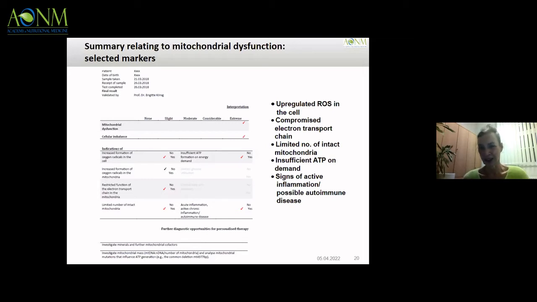And we can conclude that you have an acute inflammation, or an active chronic inflammation or autoimmune disease. Otherwise, you can't explain these parameters, which in summary give this very, very bad mitochondrial health.